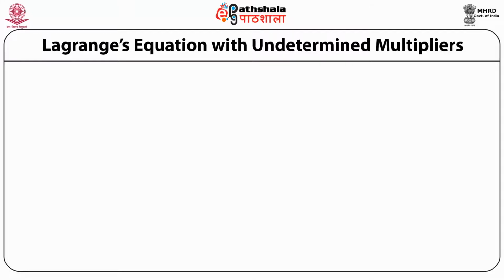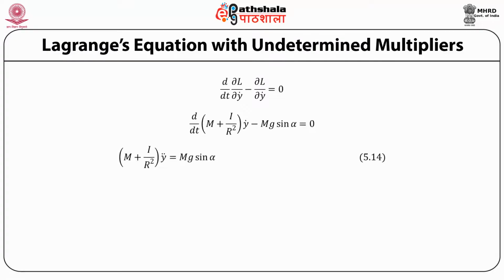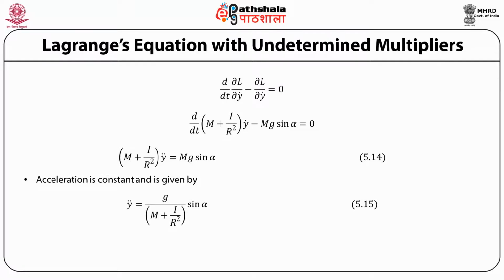So the equation of motion becomes d/dt of (m plus I by r square) y dot minus m g sine alpha equal to 0, which gives us y double dot equal to g divided by (m plus I by r square) times sine of alpha.